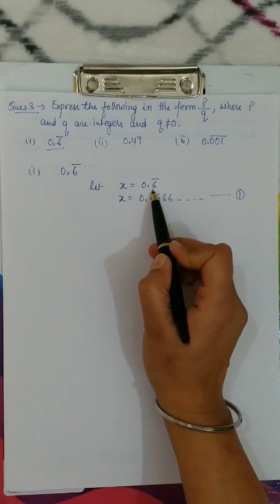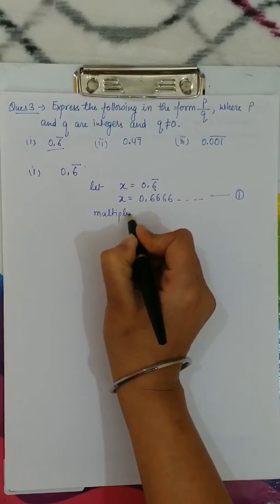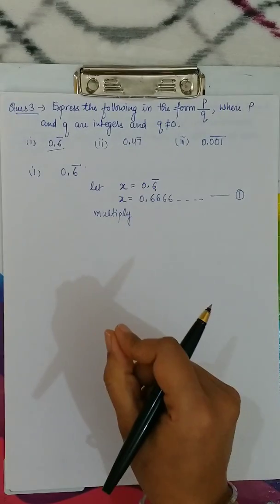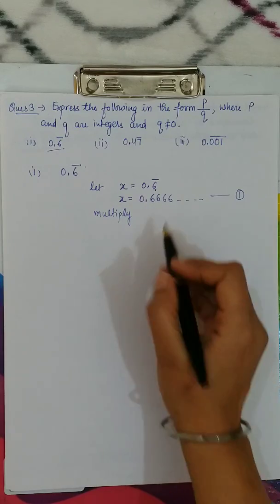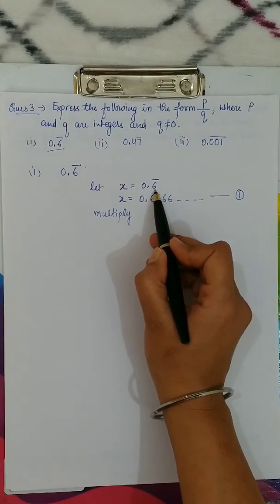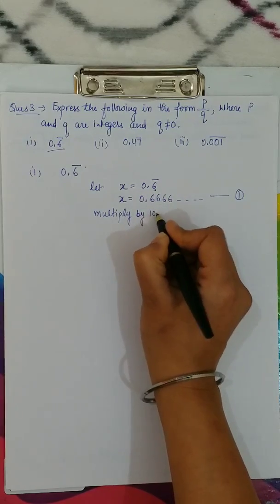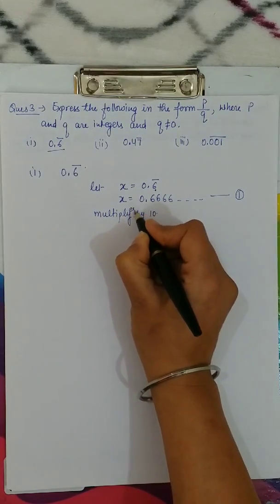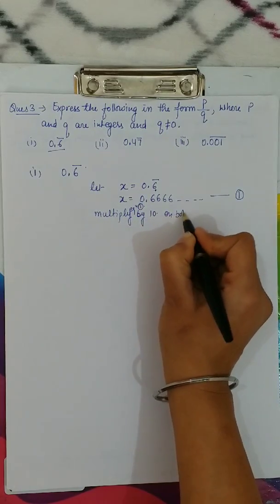Only the 6 is the digit which repeats again and again. So we have only one digit which repeats, so we have to multiply by 10.